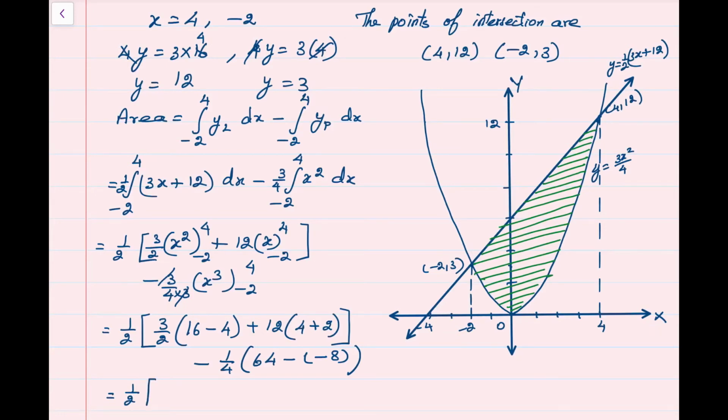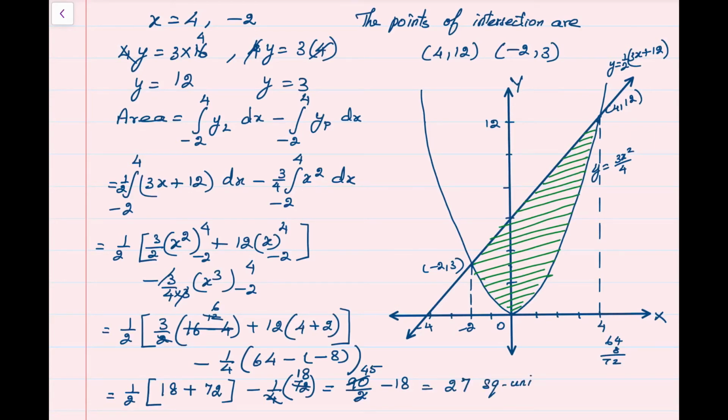Half into, this is 12, 6 times 18 plus 6 times 12 is 72, minus 1 by 4 times 64 plus 8, 72. 90 divided by 2 minus 18. This is 45, 27 square units.